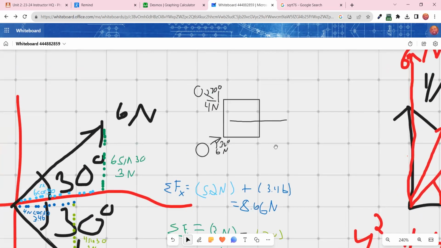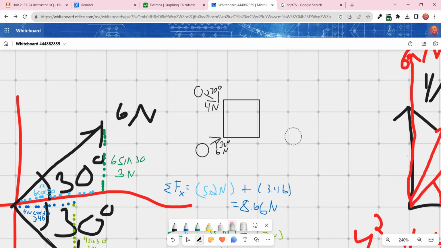All right, 8.72 newtons. So I have a guy pushing with 4 newtons and the guy pushing with 6 newtons. 4 plus 6 in this case is going to be equal to 8.72.